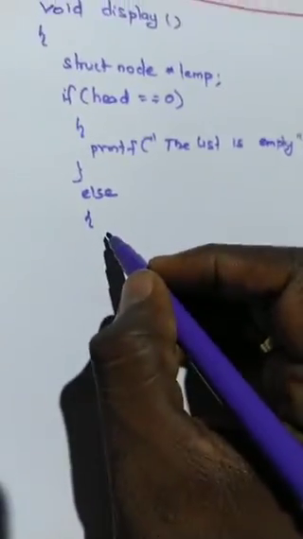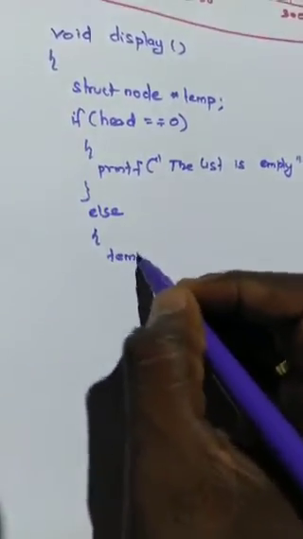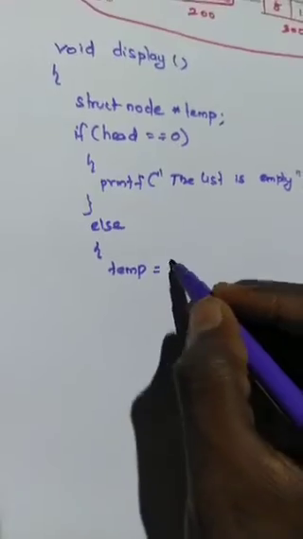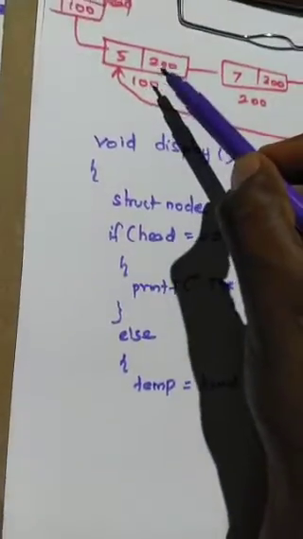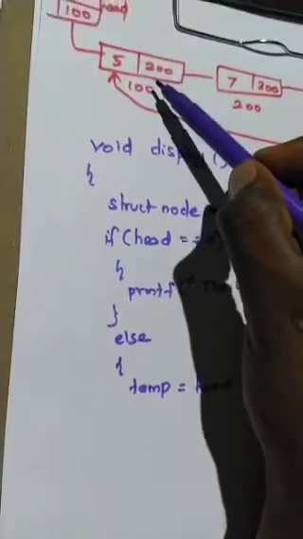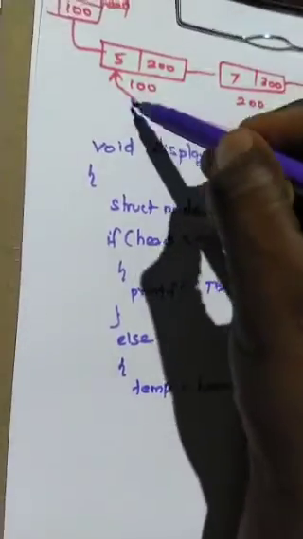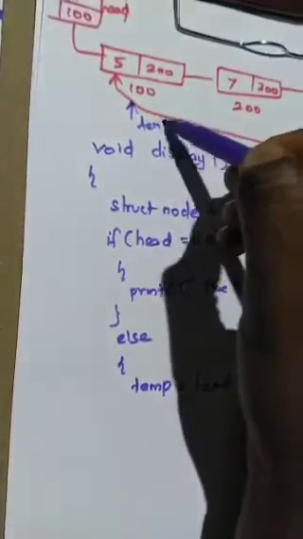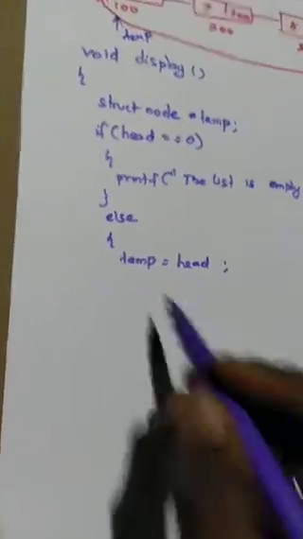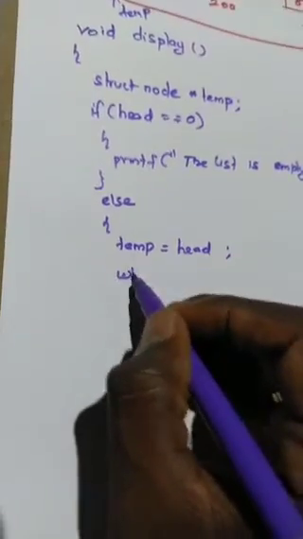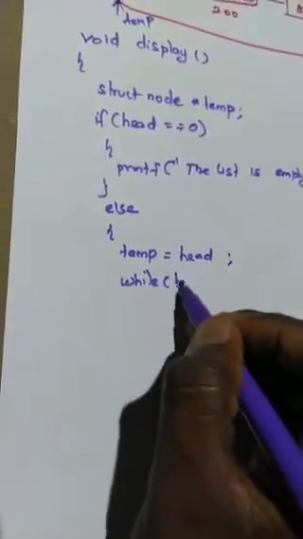First I have to assign temp value as head. What is head here? It points to the first node, right? So now temp points to the first node, and I am going to apply one more condition by using a while loop.